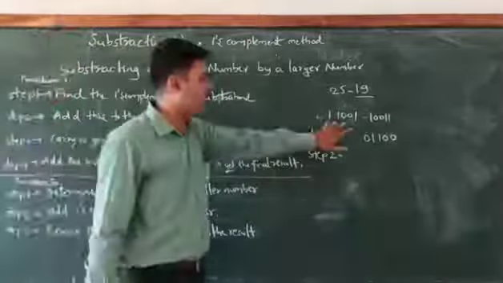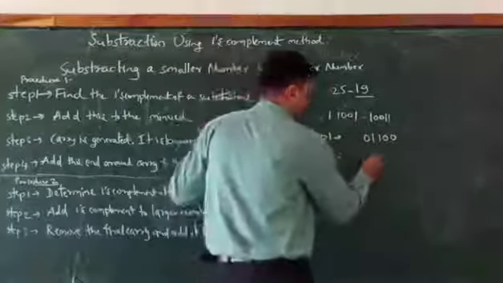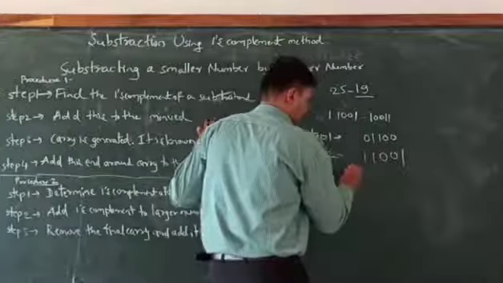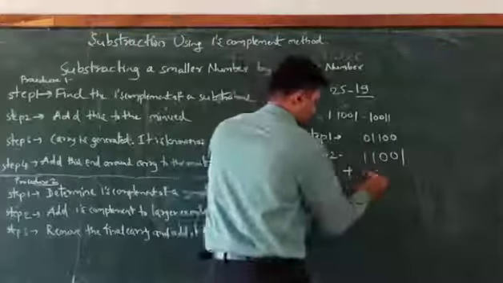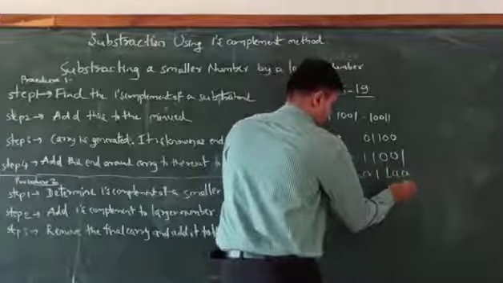Minuend is here 1 1 0 0 1, plus we need to add the ones complement, that is 0 1 1 0 0.